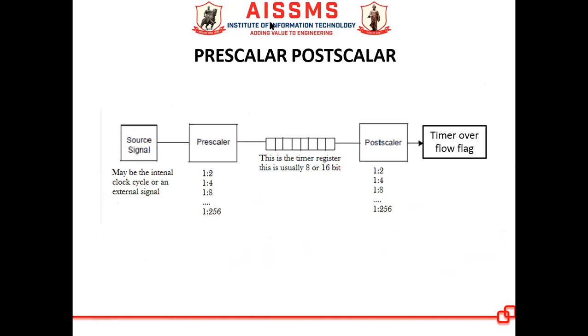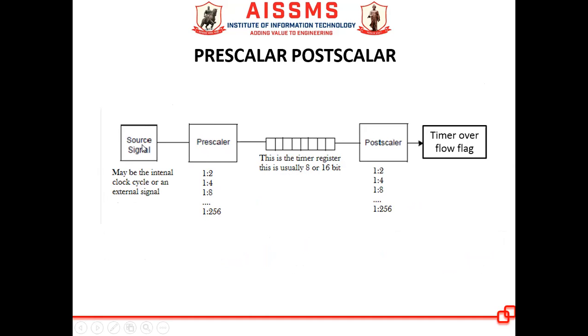Then we'll take a look at what is a prescaler and a postscaler. We have already discussed prescaler. Prescaler is a way in which you can decrease the frequency at which the timer works. So if you want the timer to work slowly, you can increase the value of prescaler.